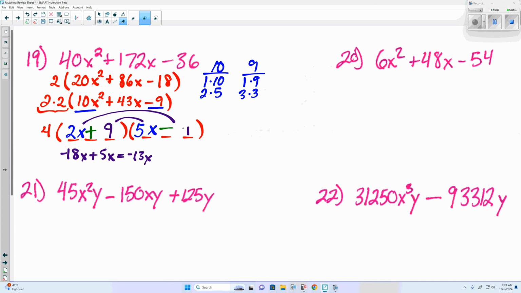So I can switch to 1 and 9. 2x times negative 1 is negative 2x. 9 times 5x is plus 45x, which gives 43x, which is the middle term we wanted, yes? And it has the correct sign. So 4 times 2x plus 9 times 5x minus 1 would be the correct answer.